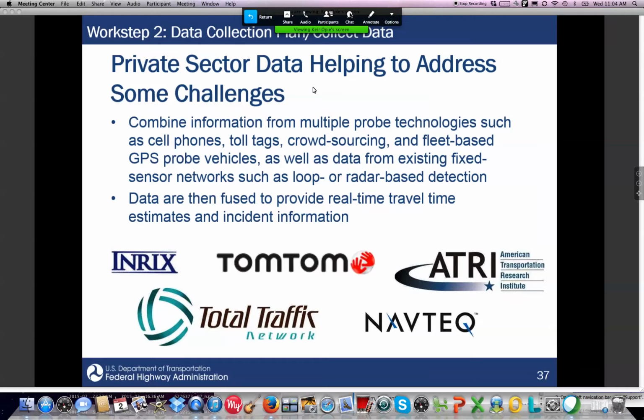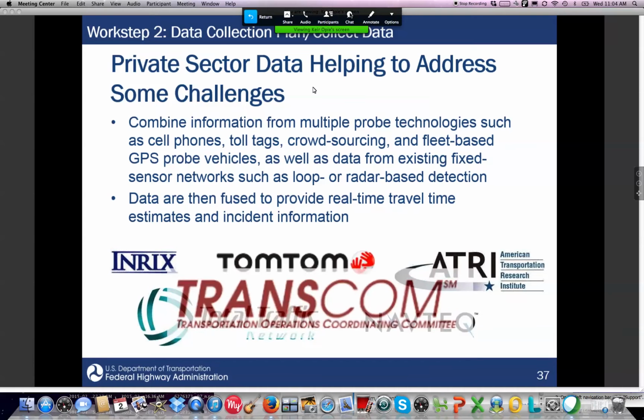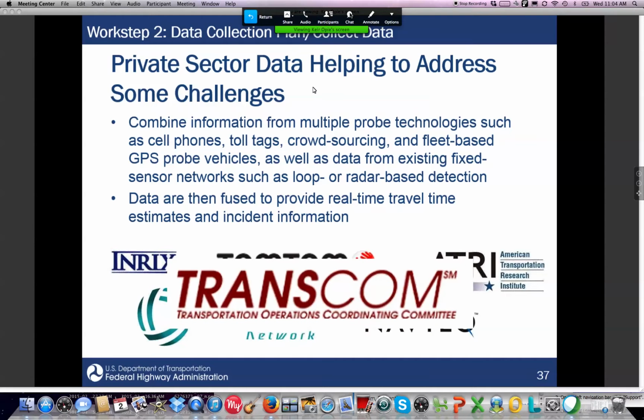In this particular area, we are very lucky to already have TRANSCOM in the picture because they're already taking care of a lot of these data fusion efforts. Frankly, I think TRANSCOM has a very critical role in looking at how these various data sources can be manipulated and used moving forward for an ICM strategy.